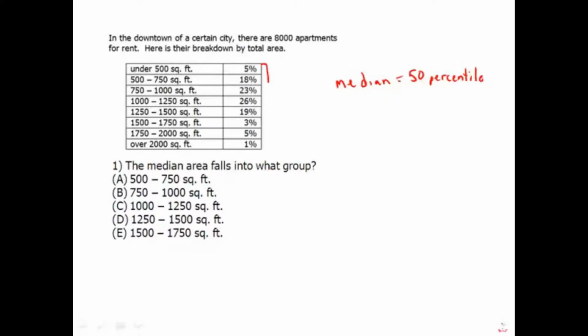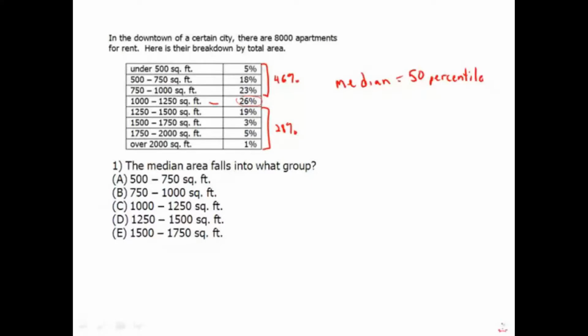So for example, if we add these 3 groups, we get up to 46%. So that's not quite enough, and so that indicates we'd need to get up a little bit higher, which would be into this region, the 1000 to 1250 range. And just to double check, if we went from the other side, if we add these up, we get 28%, which is nowhere near 50%, but then if we go to the next group and include the 26, we get more than 50%.